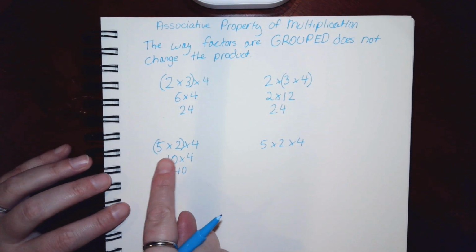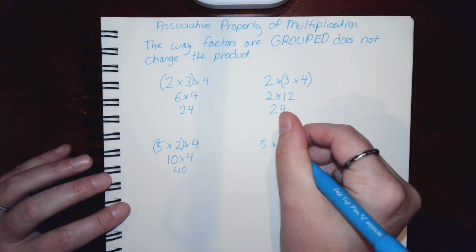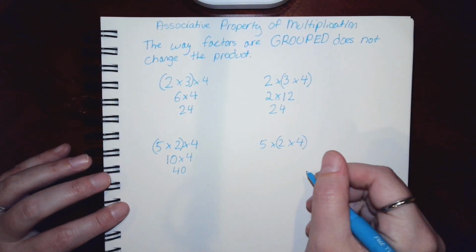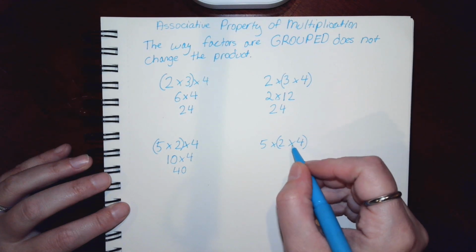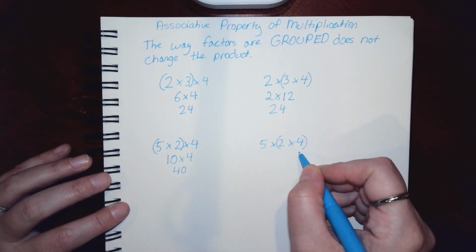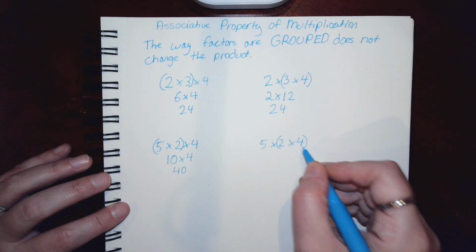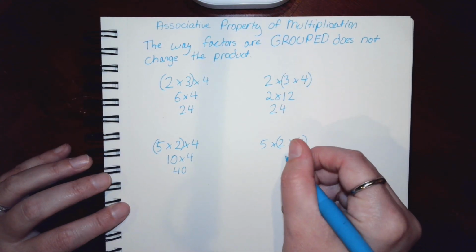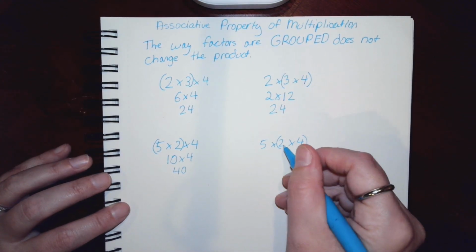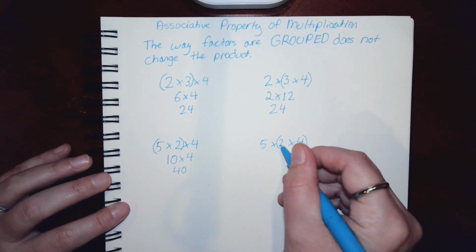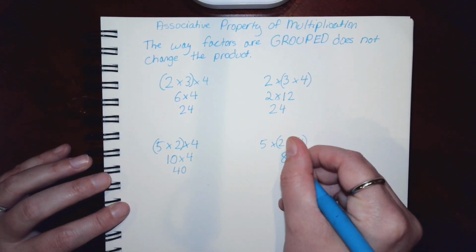Okay, since I grouped the 5 times 2, now I'm going to group 2 times 4. Okay, again, my parentheses means I need to do that problem first. Since I have 2 4s, I said the answer, 2 4s gives me 8.